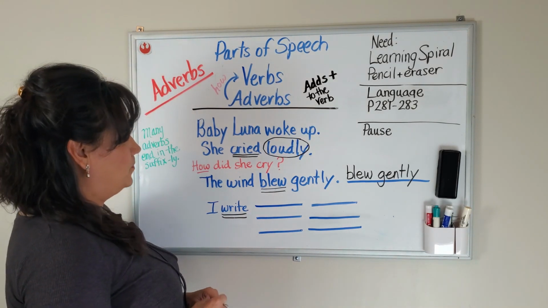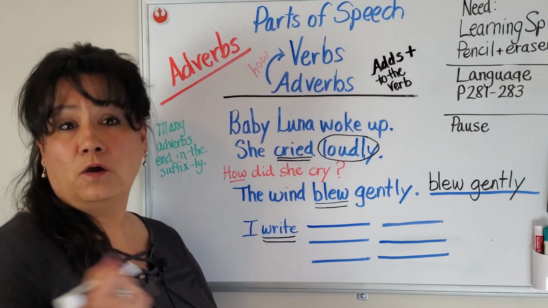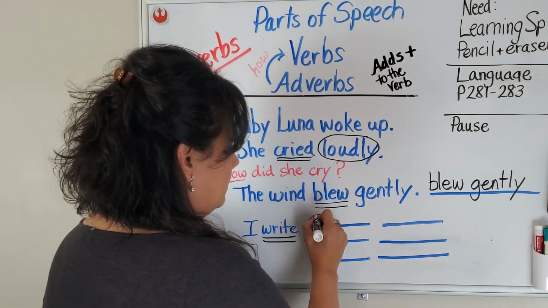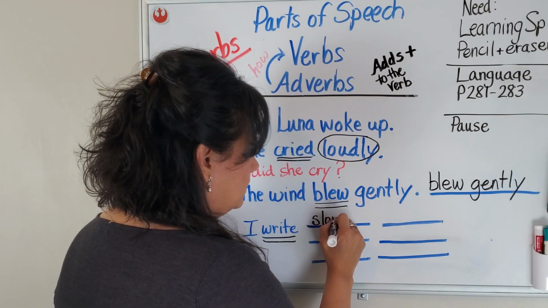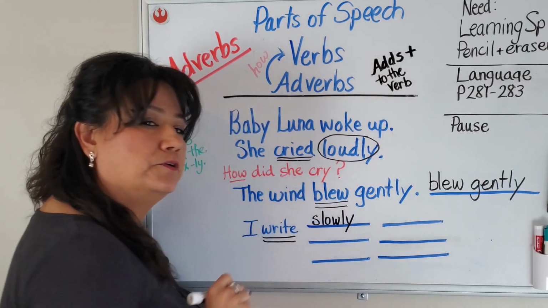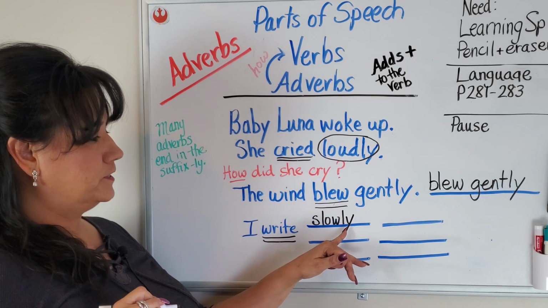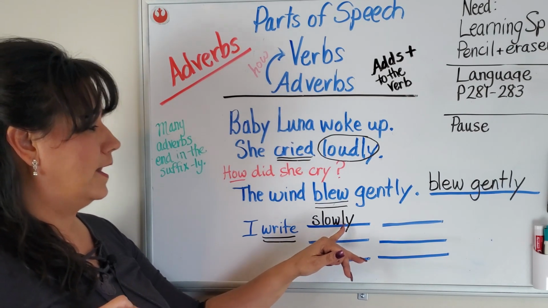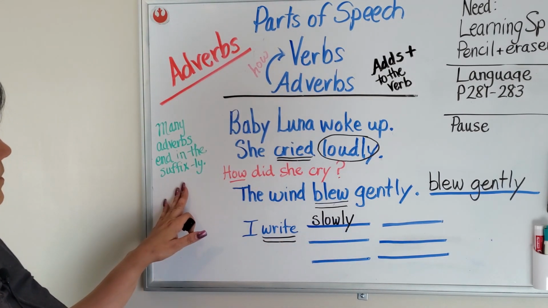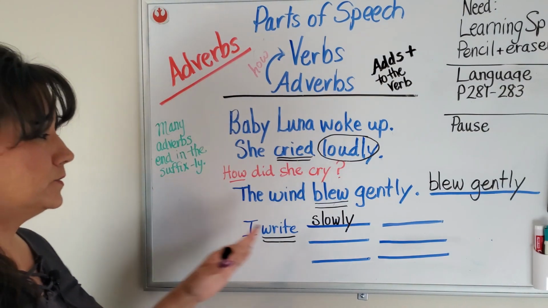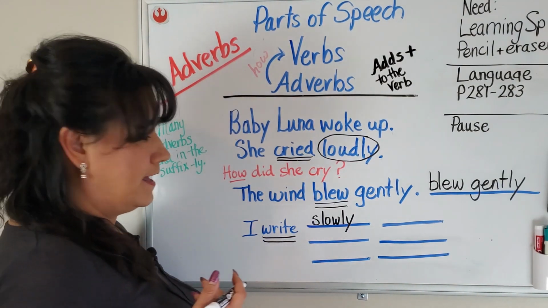Let's start with slowly. Usually when you write slowly, you can do some of your best writing. So slowly is an adverb. And of course, here we have the ly. And remember that many adverbs end in the suffix ly. So this one happens to end in ly.